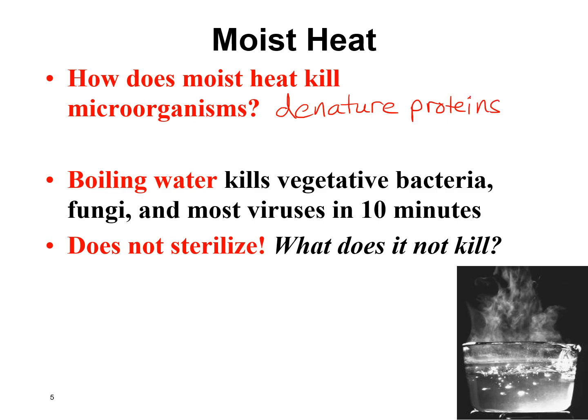And the same thing is going to happen when you boil the water, and if there's any microorganisms in there, you denature their proteins, they unfold, they don't work and do their job, and that kills the microorganisms.